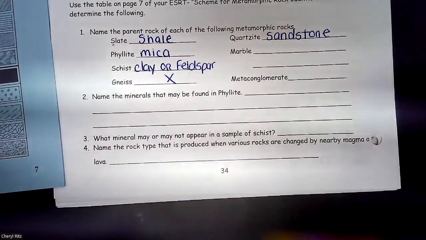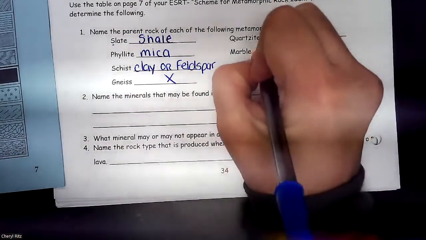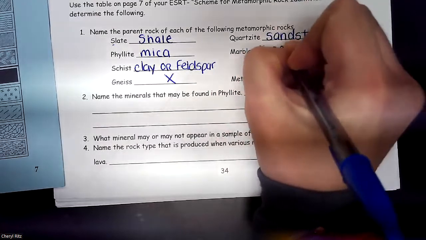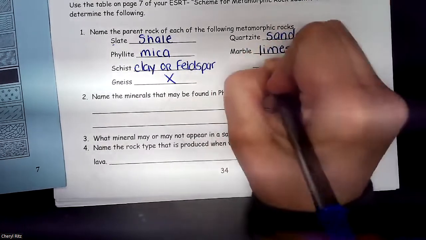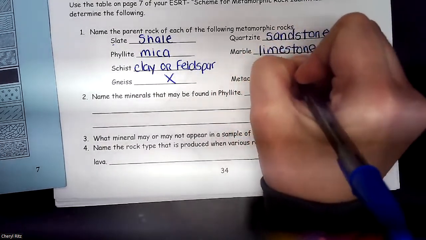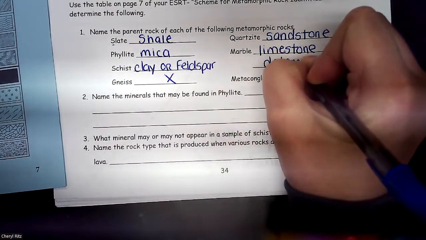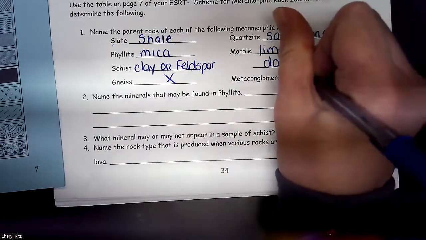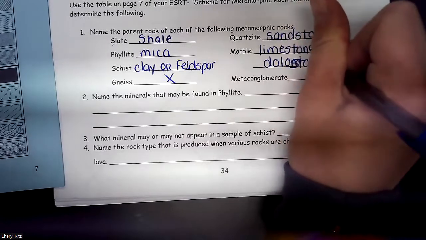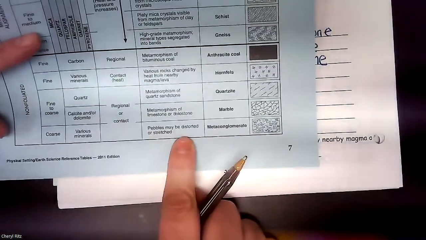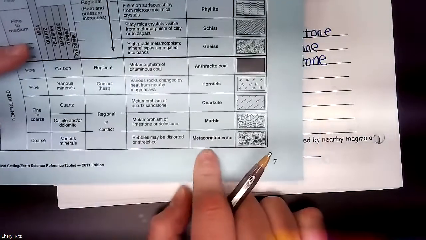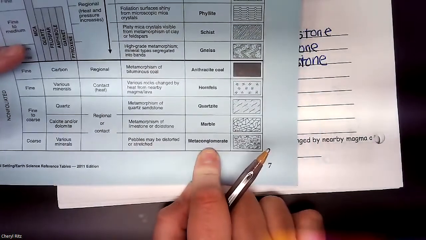Marble has two potential parents: limestone or dolostone. Oh, my bad, I wrote that. Now, metaconglomerate technically isn't on there. I put pebbles. But guys, let's look at the word metaconglomerate.